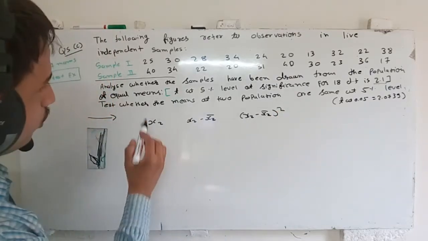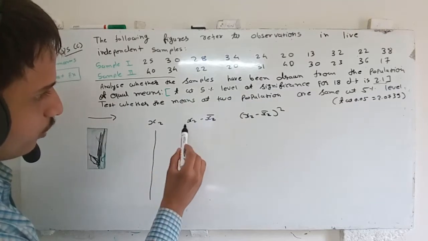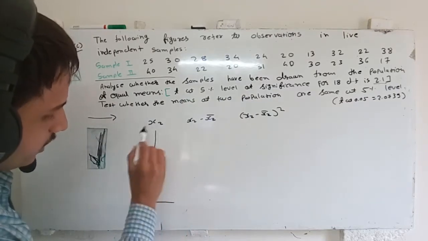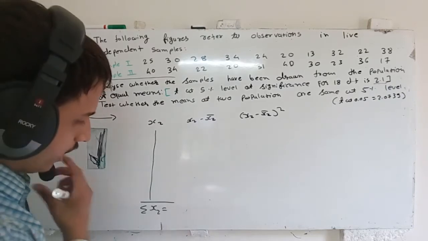First you have to put all these datas of sample 2 in this column. Then you have to take the sum of all this data in order to get sigma x2. So you will get your sum as 293.